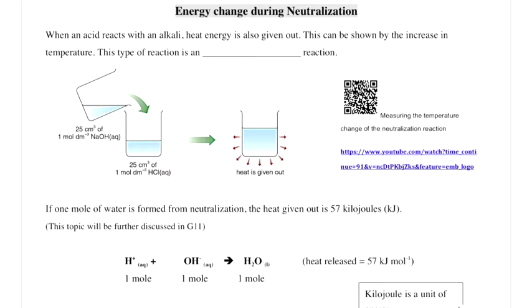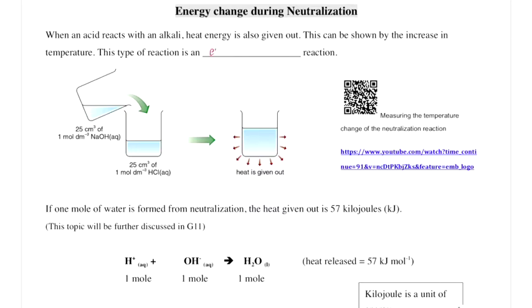In the previous unit, we have done an experiment between acid and base. When we pour alkaline solution into a test tube with acid solution, after some time when you touch the test tube, you're going to feel that it gets warmer. That's because the neutralization reaction between an acid and an alkaline is an exothermic reaction.